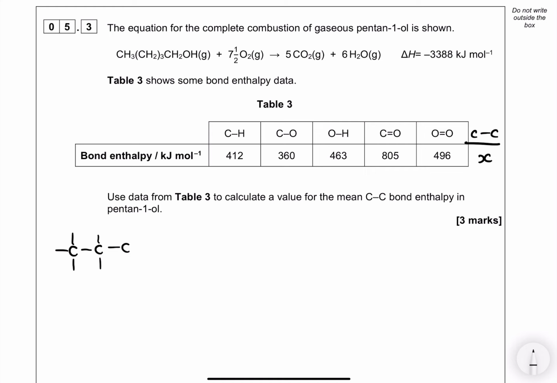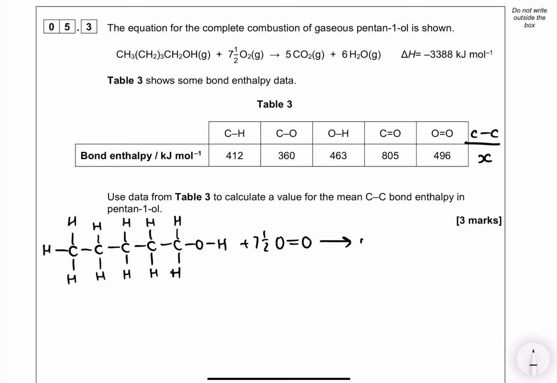I'm going to do a diagram with just sticks to represent these C-H bonds. So here's my pentan-1-ol with the 5 Cs and all those hydrogens. And then we've got 7.5 moles of O=O double bonds, and then we've got 5 moles of CO2 and 6 moles of H2O.